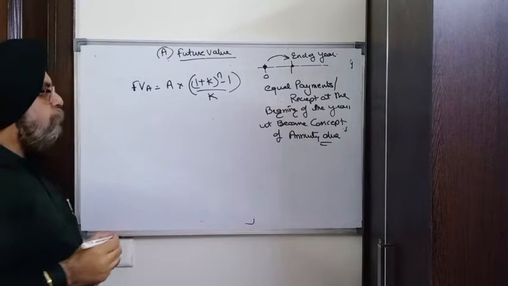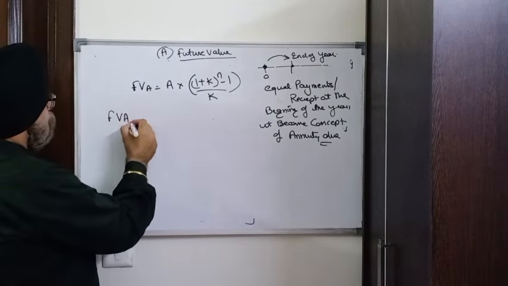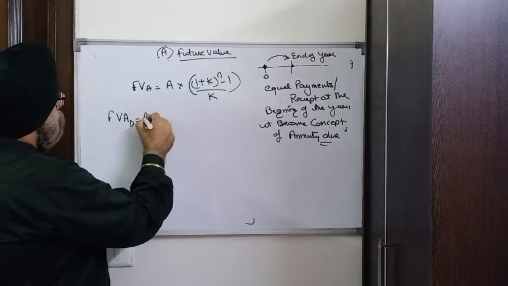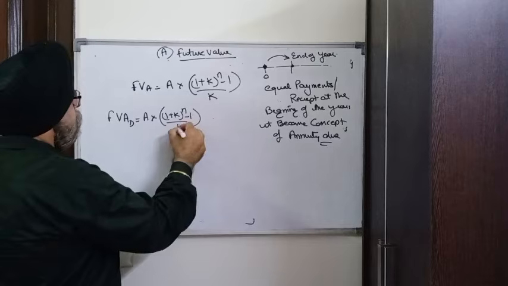The formula will change: annuity due is A into ((1 plus K) raised to power n minus 1) upon K into (1 plus K).